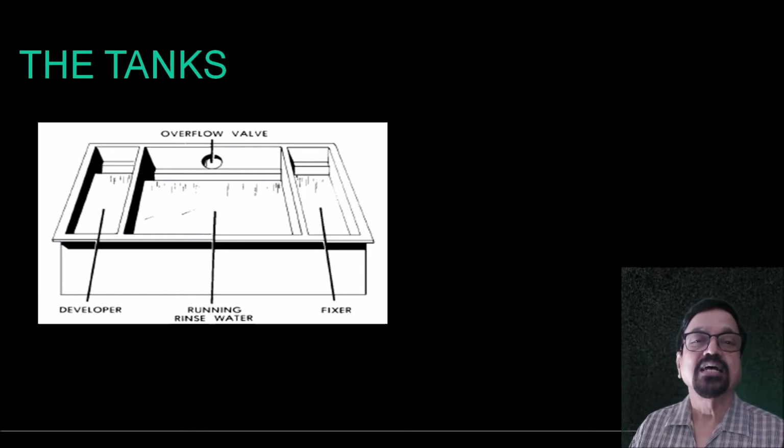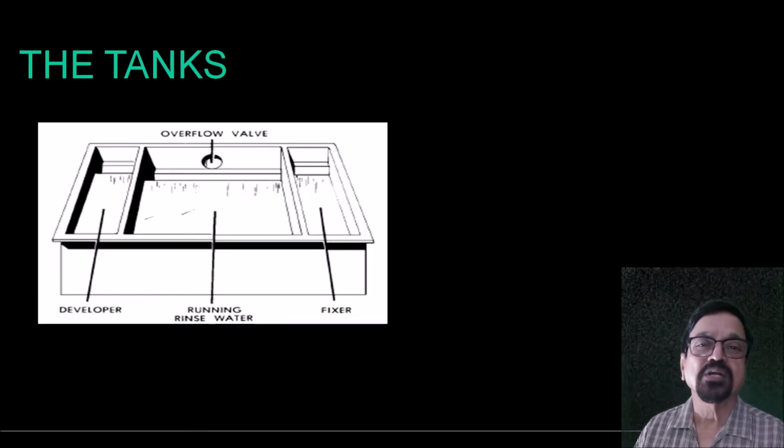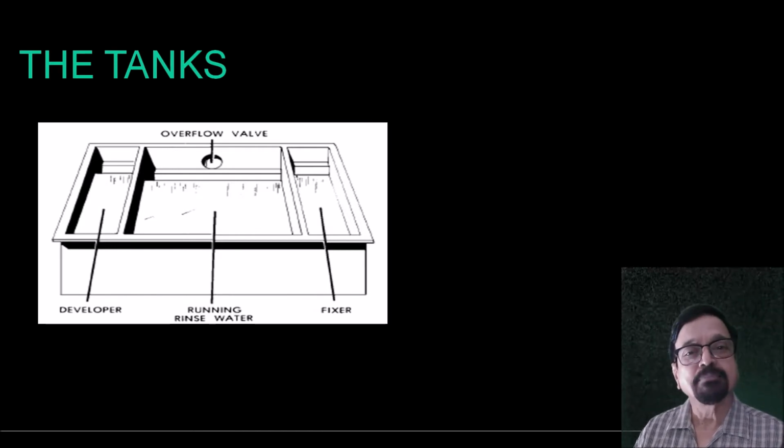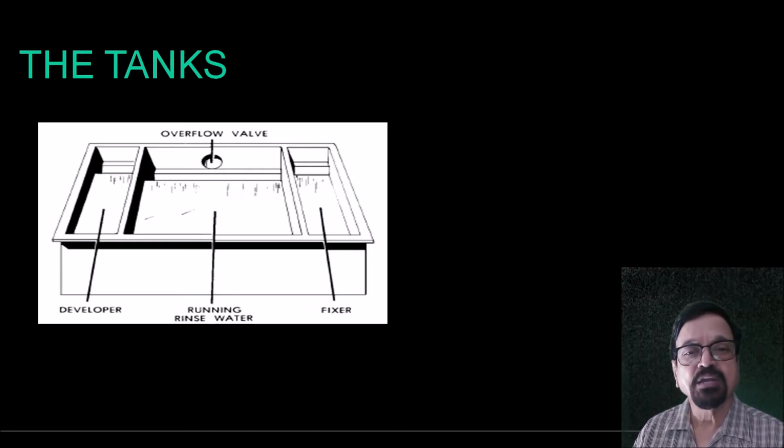Coming to tanks, whether a tank should be kept open in the air or immersed in the water, yes, it depends on the temperature of the place. Places like ours are very hot, so it is better to immerse them in a big water tank. So there is a big water tank in which tanks of developer, rinser, fixer, etc. are submerged.